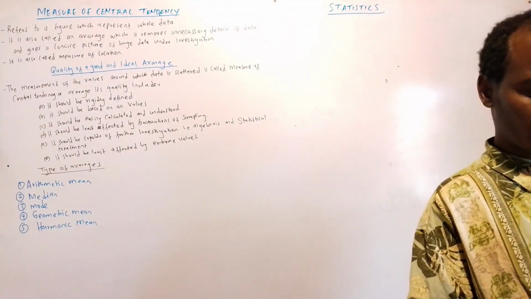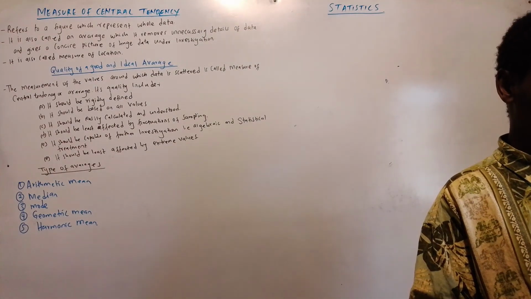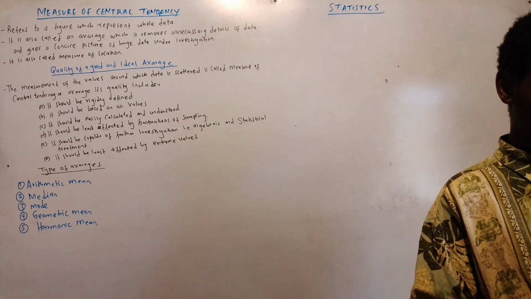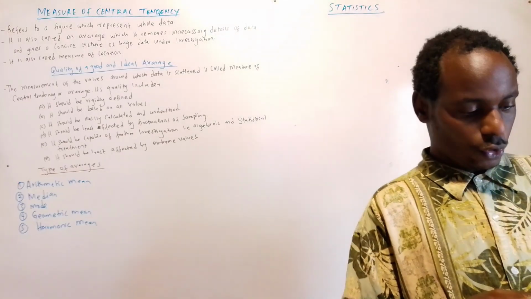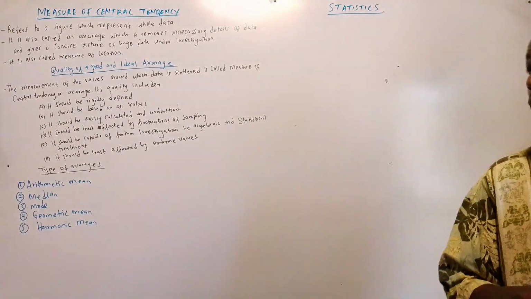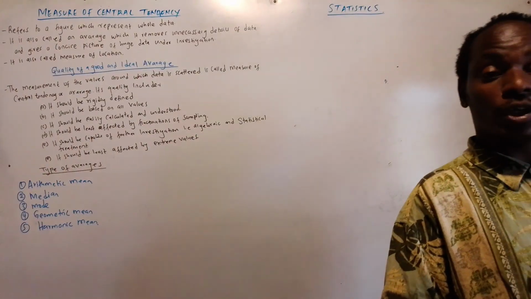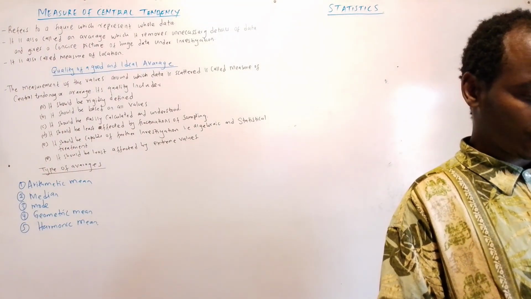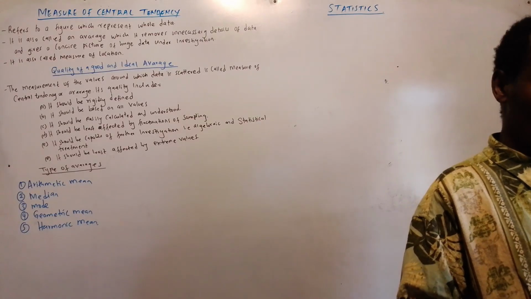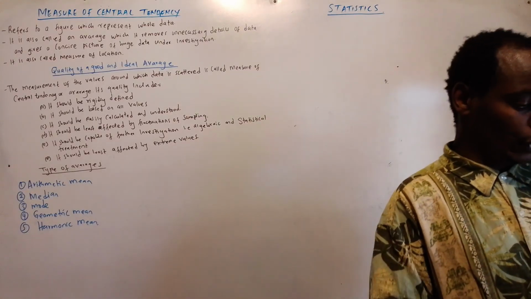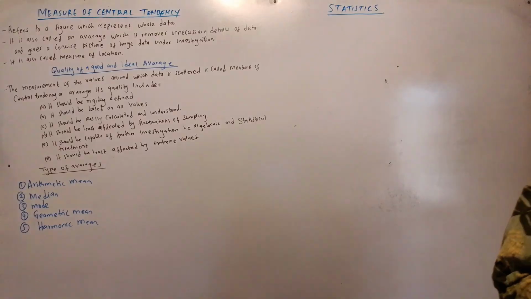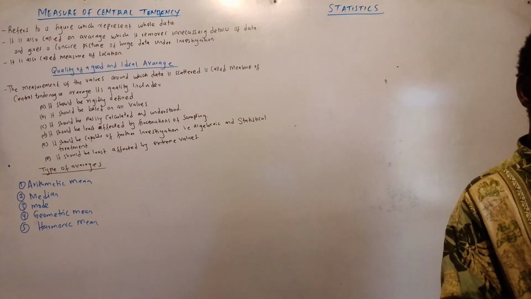Now, in order to get a concise and a complete picture of large data, it is essential to obtain figures which should represent the whole data. And therefore, the issue of the central tendency comes in.